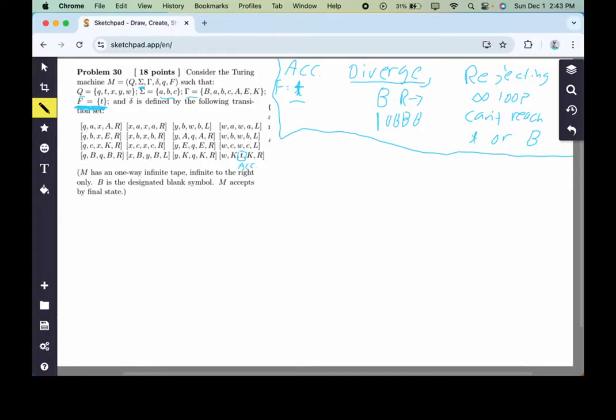And what is our tape? There's going to be capital letters in here. So tape is what we are going to end up seeing. And we have A, B, C, but we also have capital letters. Capital A, capital E, capital K. These are going to be written.